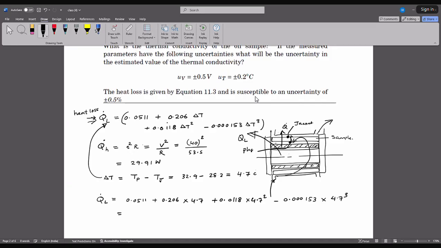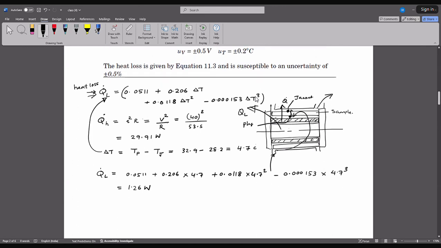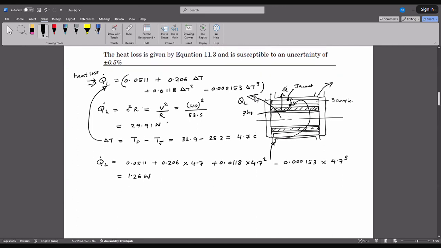If you do the calculation, this will come out to be nearly 1.26 watt. So this much heat is getting lost, despite your effort to insulate. So your actual heat transfer through the element will be the Q from the heater minus what is getting lost. That is 29.91 minus 1.26, which is 28.95 watt.